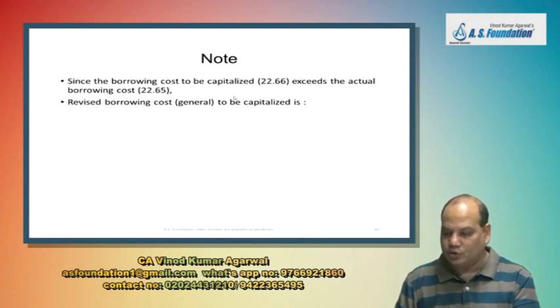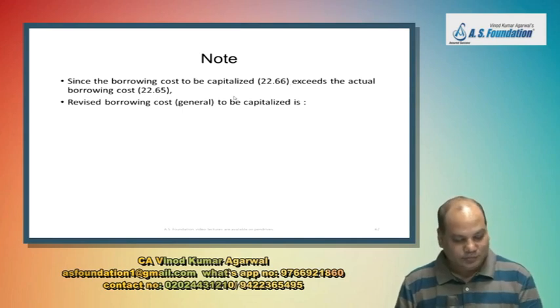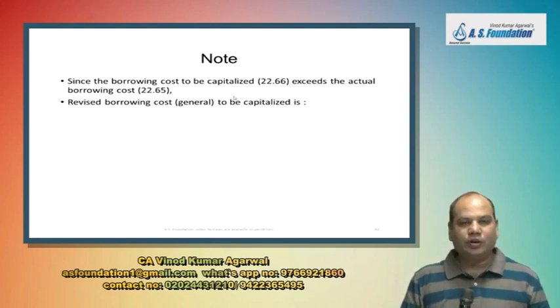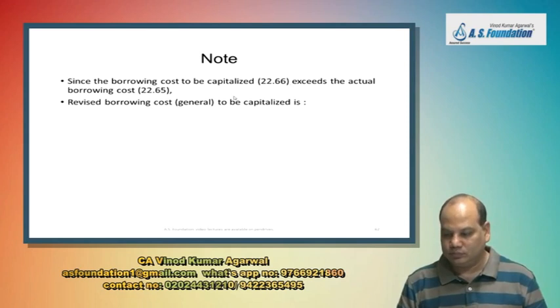Write neatly: since the borrowing cost to be capitalized, in bracket 22.66, exceeds the actual borrowing cost incurred, in bracket 22.65, revised borrowing cost, in bracket general, to be capitalized is.